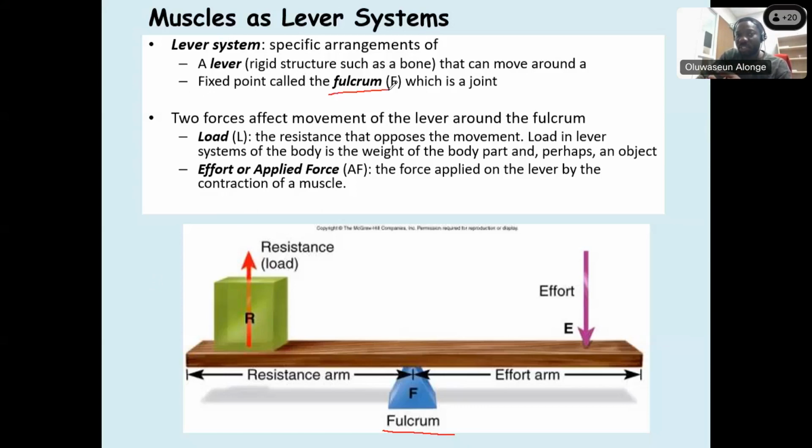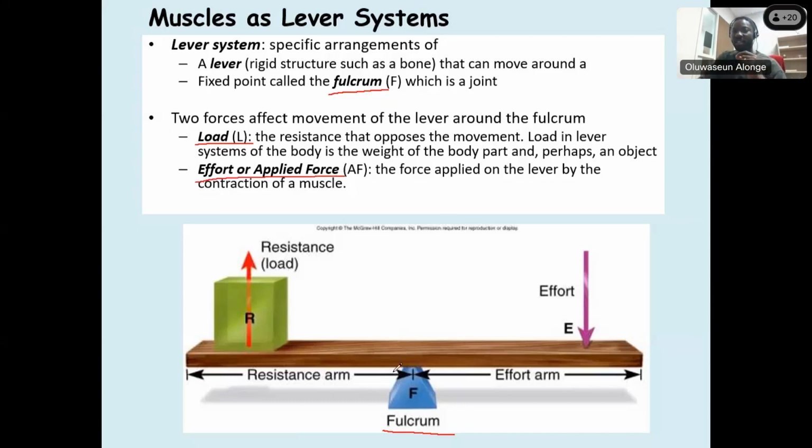The fixed point is the fulcrum, like the point in a wheelbarrow where you have the wheel. Two forces applied affect movement of a lever around the fulcrum. Number one is the load, and number two is the applied force.